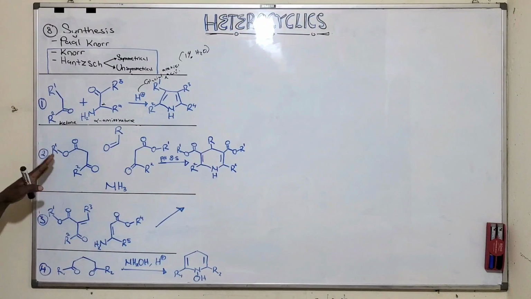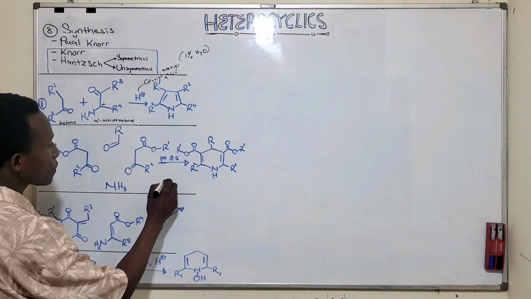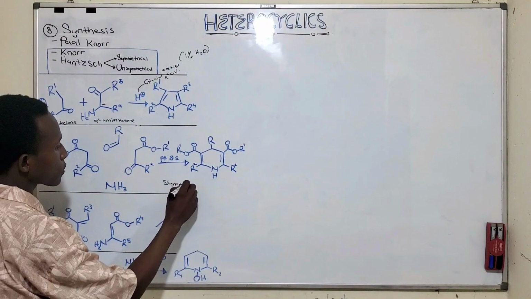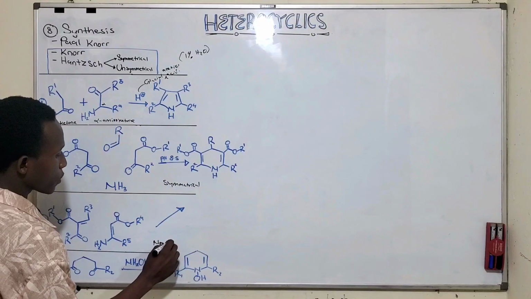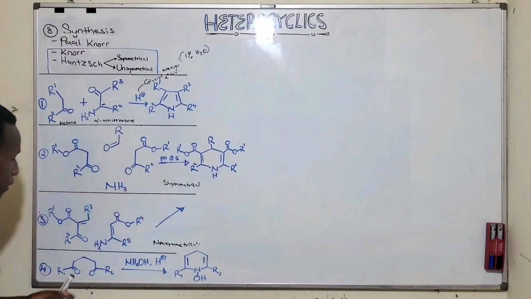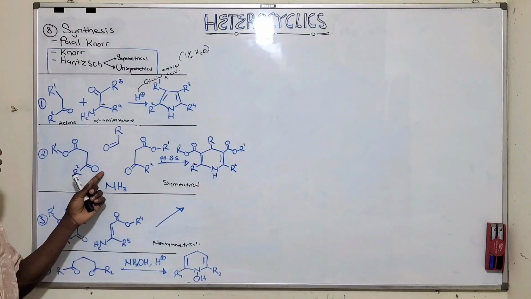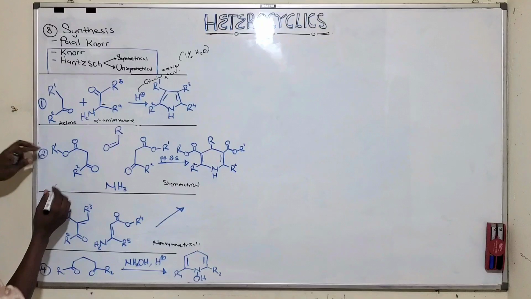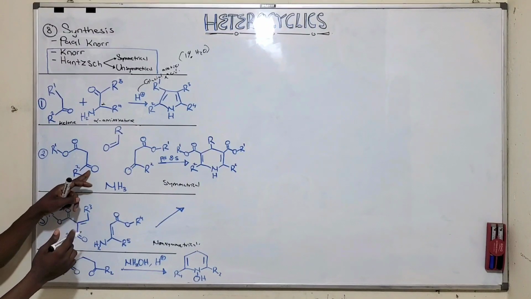Then we have the Hantzsch reactions. This one is symmetrical and this is non-symmetrical. For symmetrical, we have 4 starting materials. This is an ester, and this is a keto group.